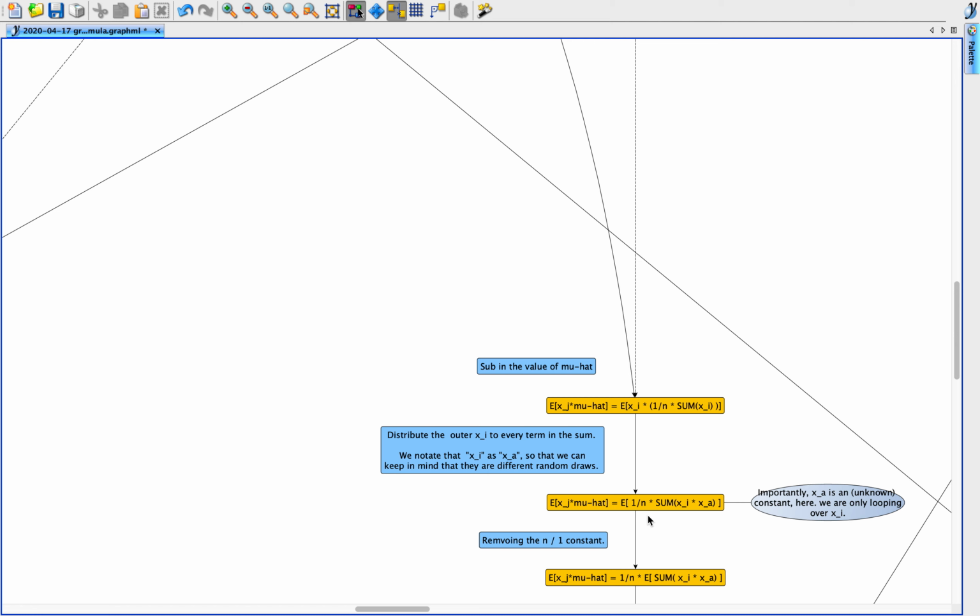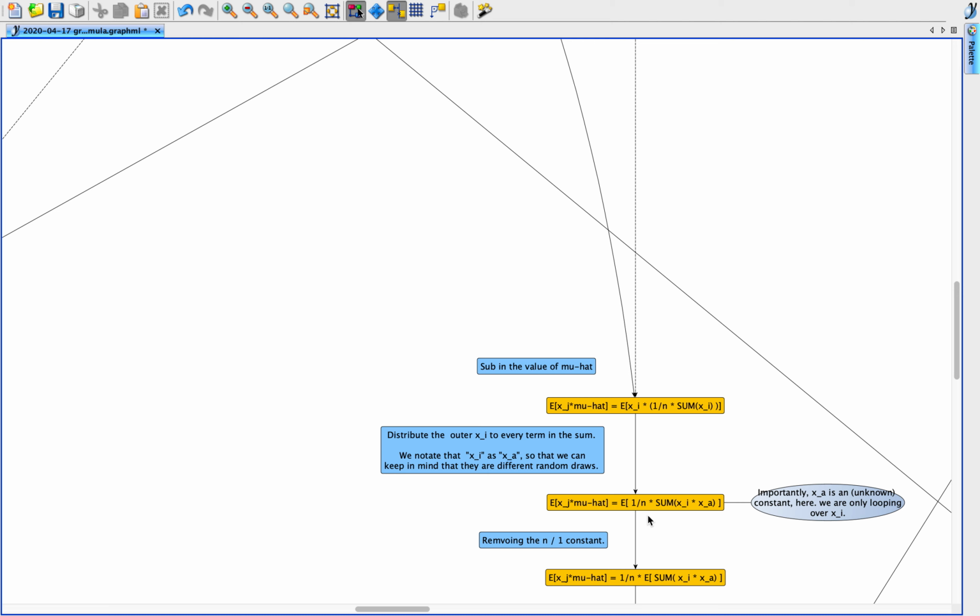Also, it seems like there might be something tricky here, because isn't this multiplying? Okay, yeah, so we might be like, well, isn't this multiplying by n? We're multiplying the outer xi, what we called xa, as n.